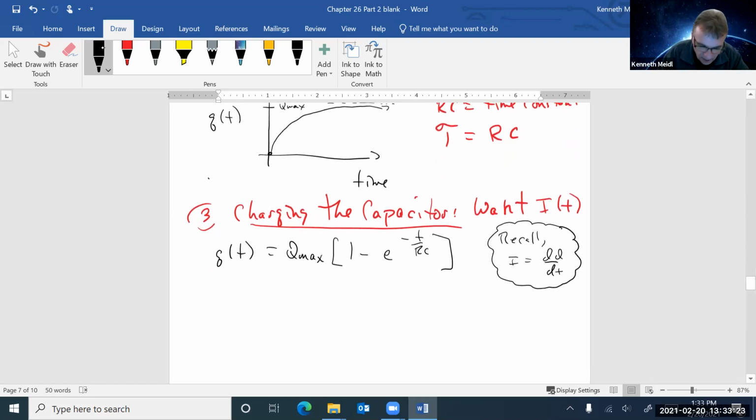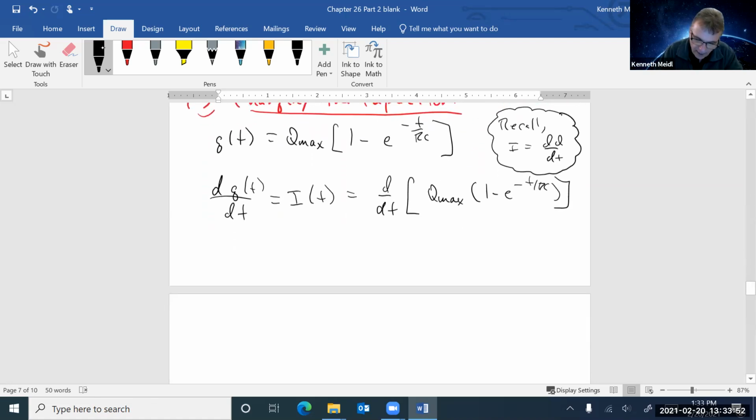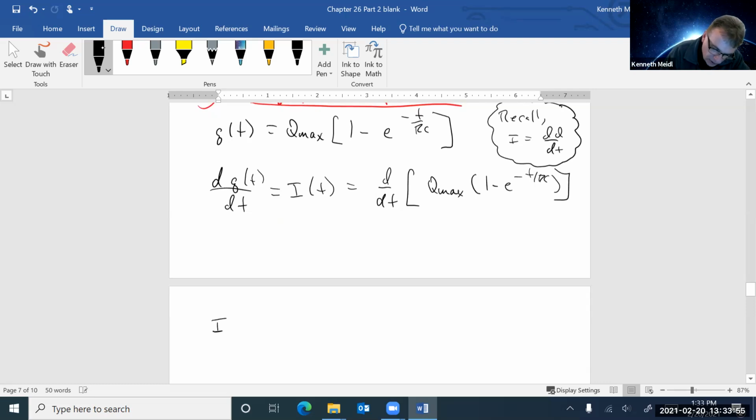If I take the derivative of this function with respect to time, that is defined to be the current, and that'll be a function of time. And so I've got to take the derivative of all of this here with respect to time. Then that would be my current function. I'm just using a definition there. I'm just going to hit that thing with a derivative with respect to time.